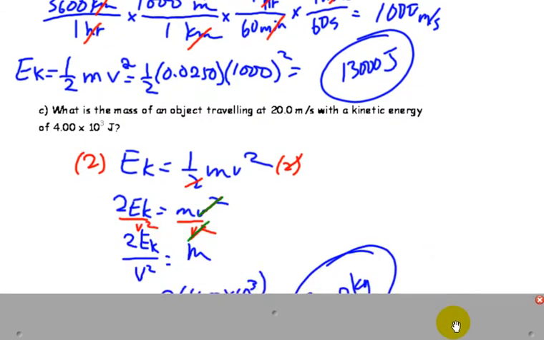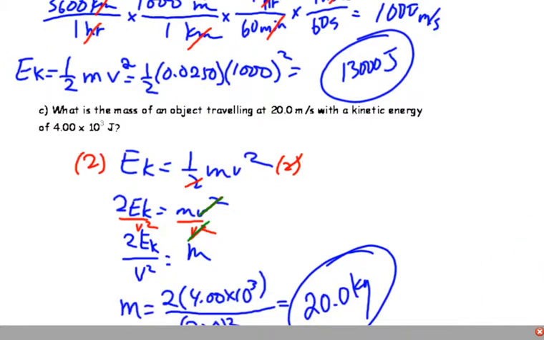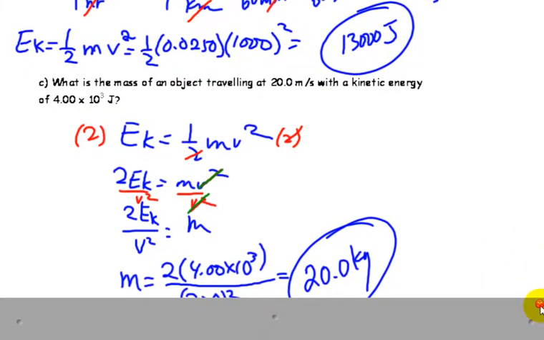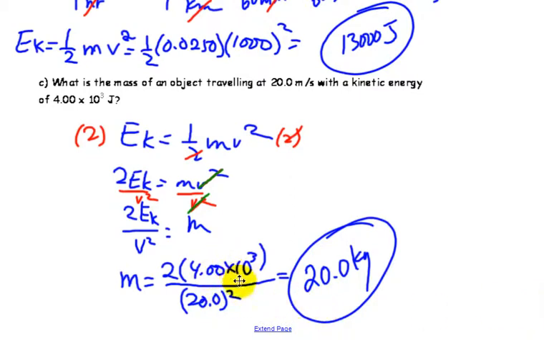And we get m is equal to 2Ek over v squared. So just substitute our values into there. 2 times our kinetic energy of 4,000 divided by 20 squared. Now recall that if I had left energy instead of joules, left it as kilogram meter squared per second squared, we would get everything canceling out here and be left with kilograms.